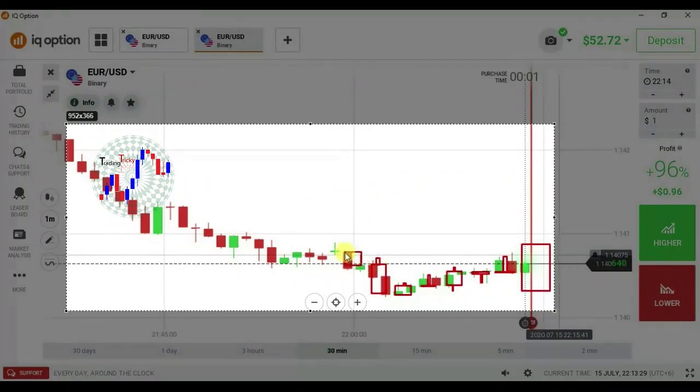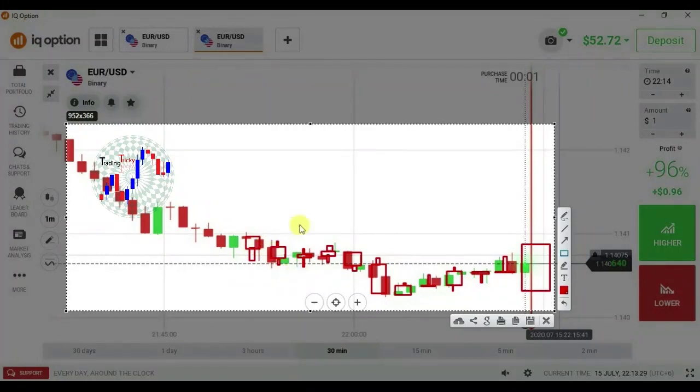So there are sellers too, because we can see there are wicks. This candle has both side wicks. The lower side has more wicks and the upper side has small wicks. So something like this.